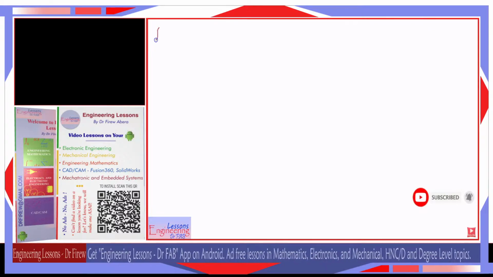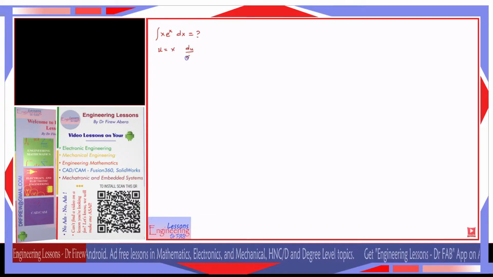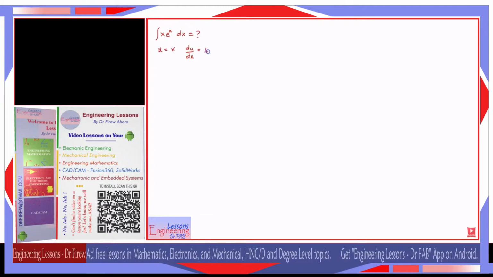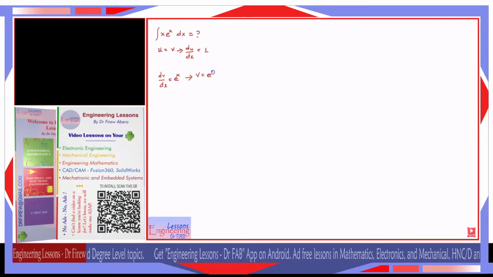So now the integral of x times e raised to x dx. We assumed u to be x, so du by dx is 1, and we assumed dv by dx to be e raised to x, so this gives us v to be e raised to x.